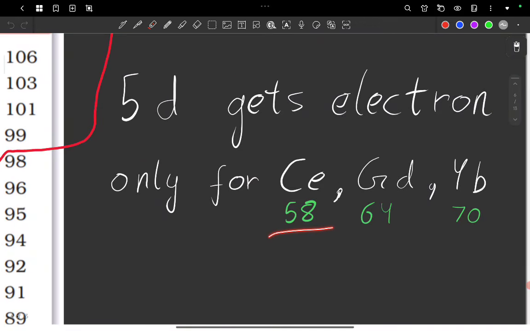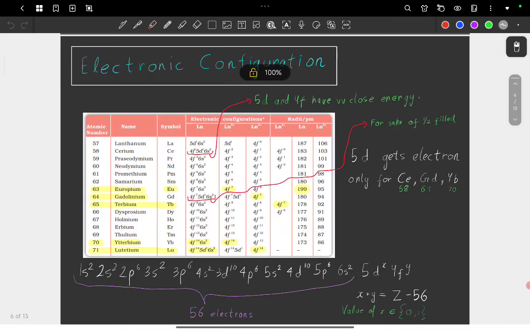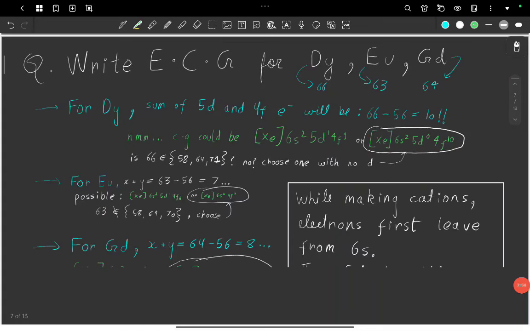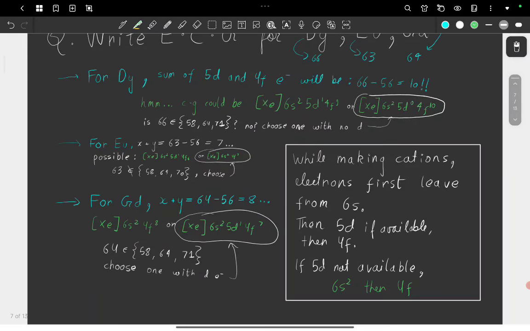Only for cerium, gadolinium, and lutetium, this exception is shown. Understood? These were solved examples.